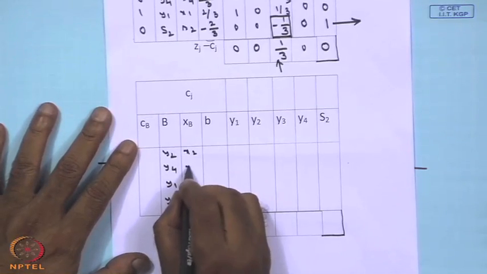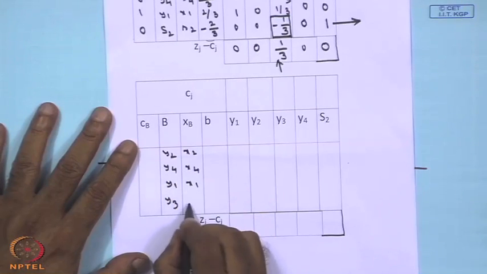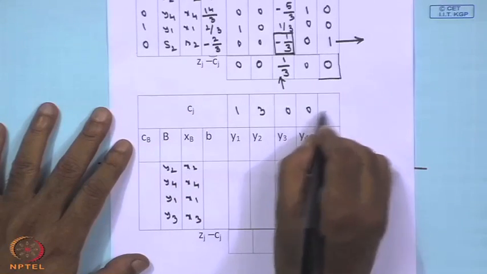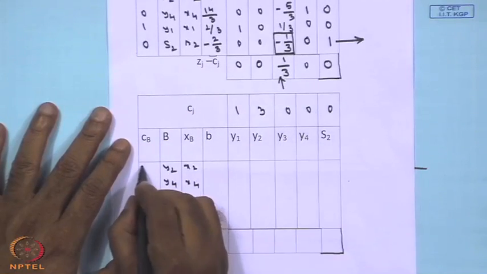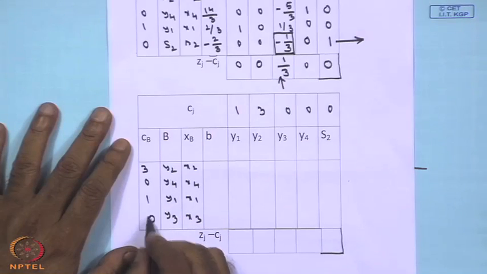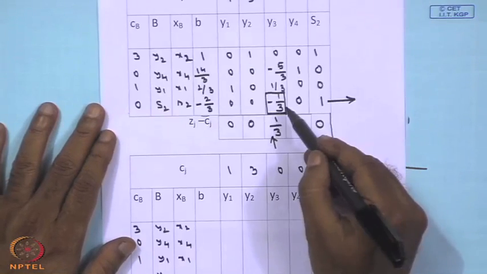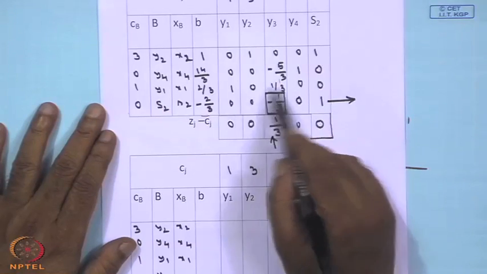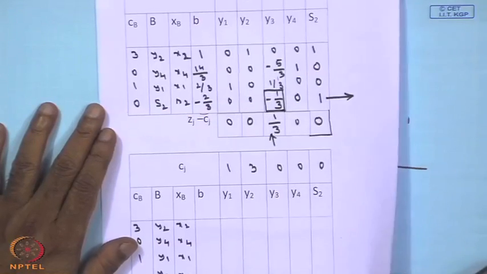Correspondingly, you are having x2, x4, x1 and x3. Cj values are same 1 3 0 0 0. So, it is 3 0 1 and y3 is 0, 3 0 1 0. So, I have to make this pivot element as 1 and correspondingly other elements in the other rows as 0.